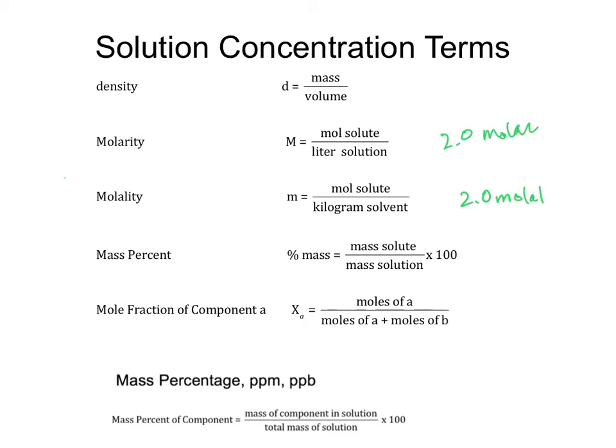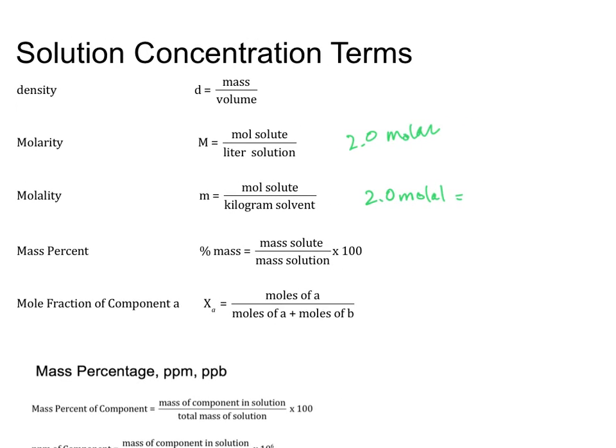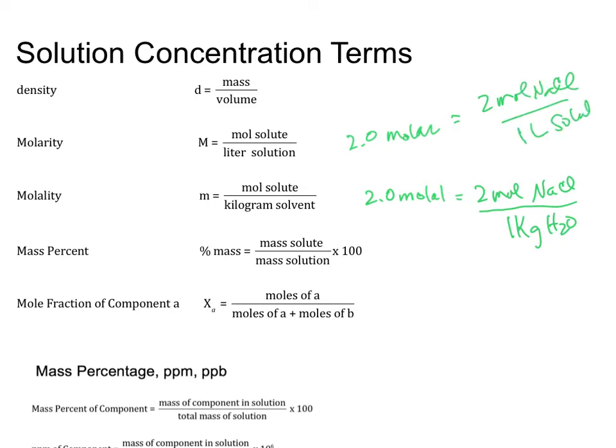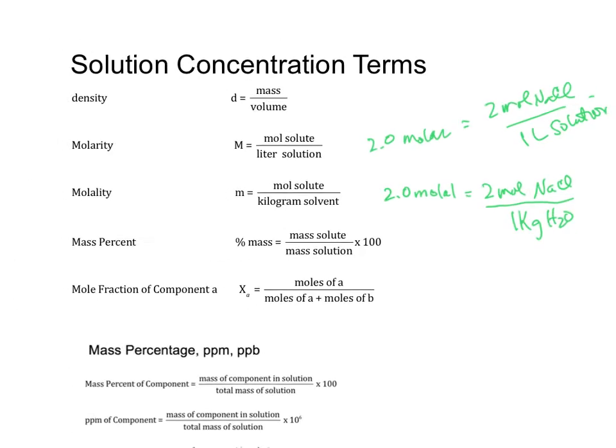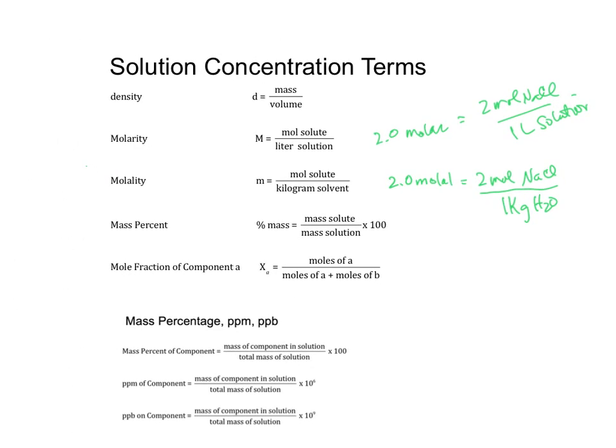A 2 molal solution means that there are 2 moles of whatever it is, sodium chloride, whatever the solute is, divided by 1 kilogram of water. In the molar case, it would be 2 moles sodium chloride divided by 1 liter of solution, where the solution is the combination of sodium chloride and water. So it just depends. You'll see in this chapter there are applications for molality.